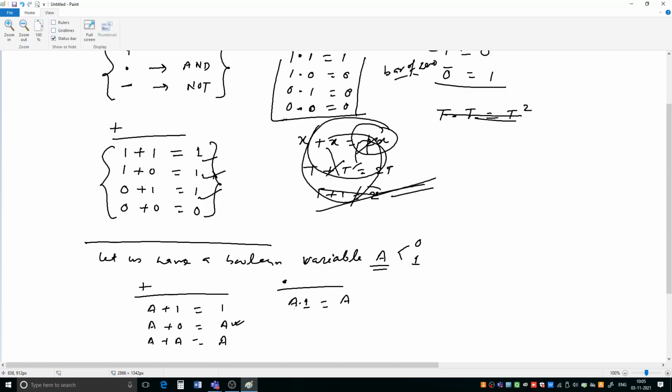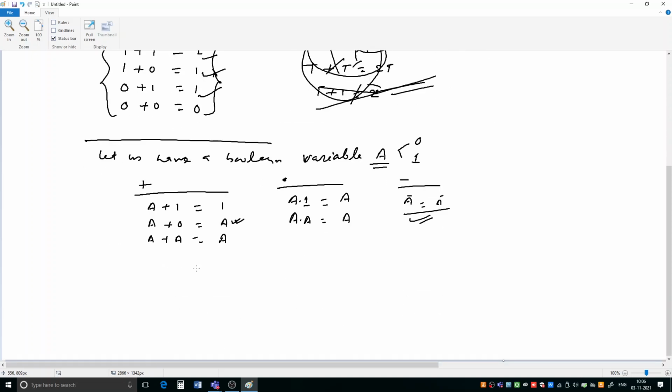So the value of A is 0, so we are getting A. Now suppose A is 1, so 1 dot 1. 1 dot 1 is 1, which is again the value of A. So A dot 1 will always be equal to A. So in this expression, A's value is determining the value of the expression. Next we can write A dot A is A.